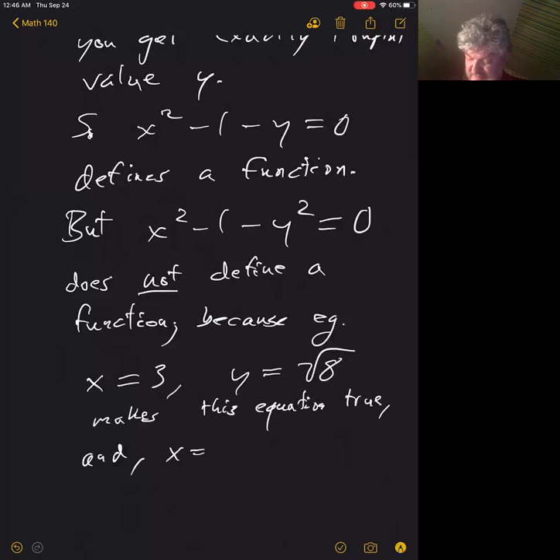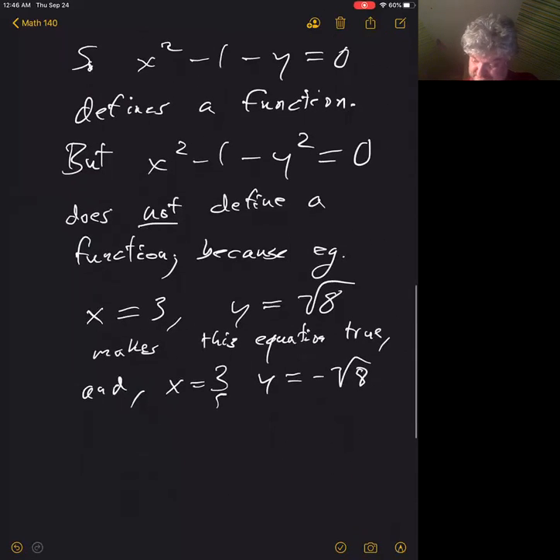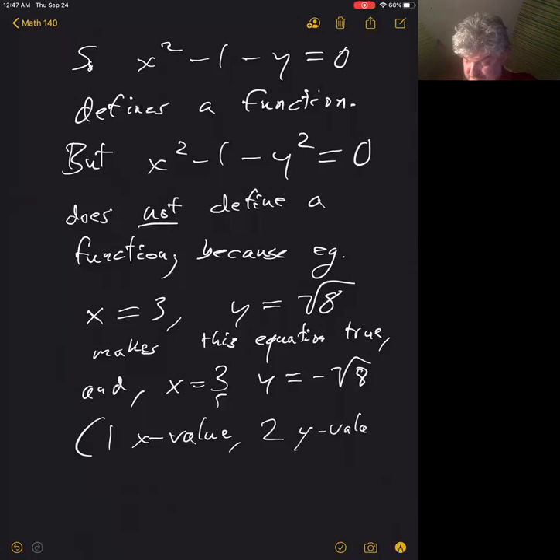And x equal to 3, y equal to negative square root of 8. That's not nice. It also makes that equation true. So for one and the same x value, you get two different y values, and that's not allowed. That's a frowny face.